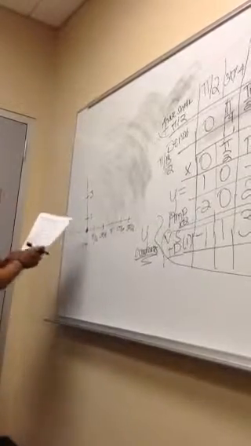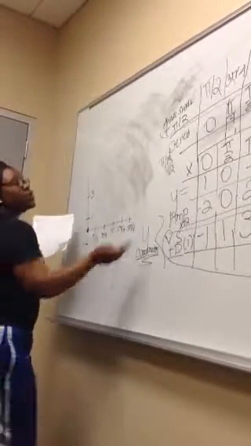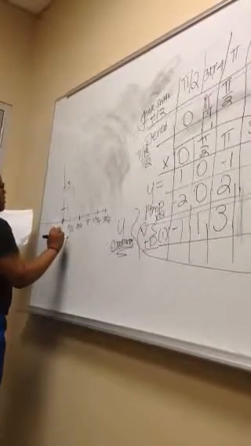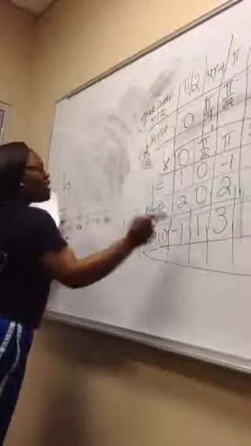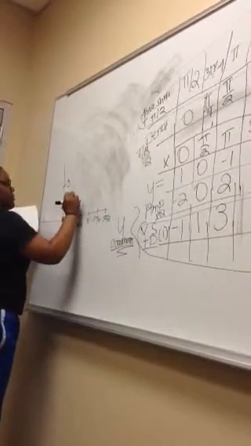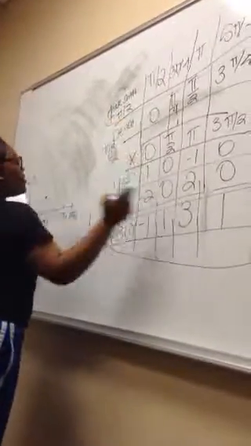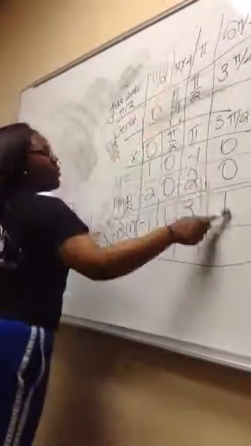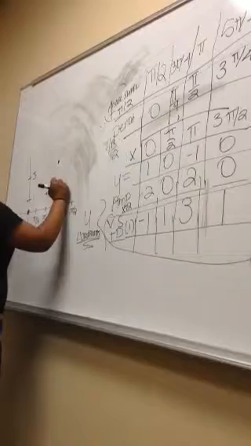Now we'll just plot our points as needed. So pi over 2 and negative 1, 3 pi over 4 and 1, pi and 3, 5 pi over 4 and 1, and last but not least, 3 pi over 2 and negative 1.